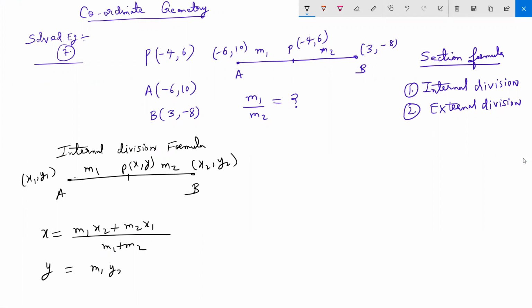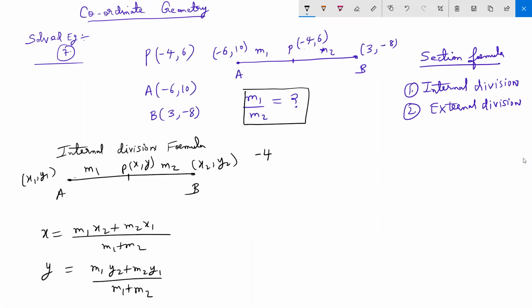You must recall this formula before solving this problem. Here I don't know the ratio of m1 and m2, and this you have to find out. Is it clear?